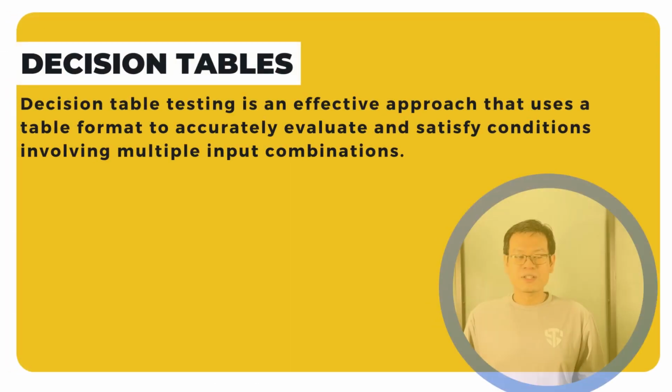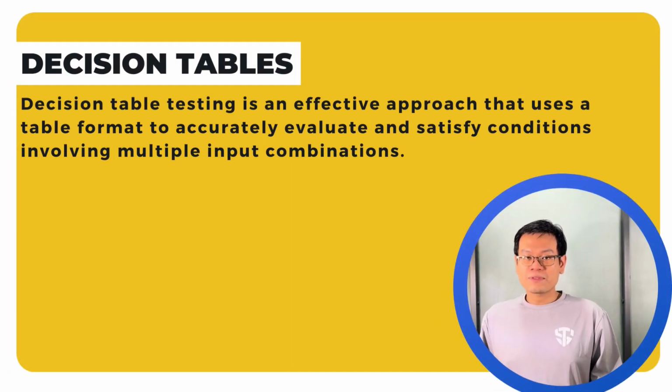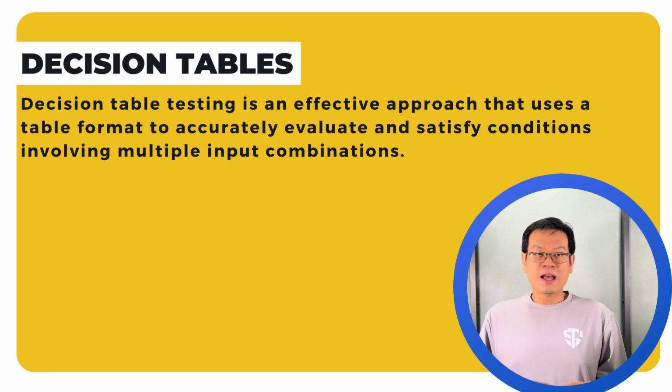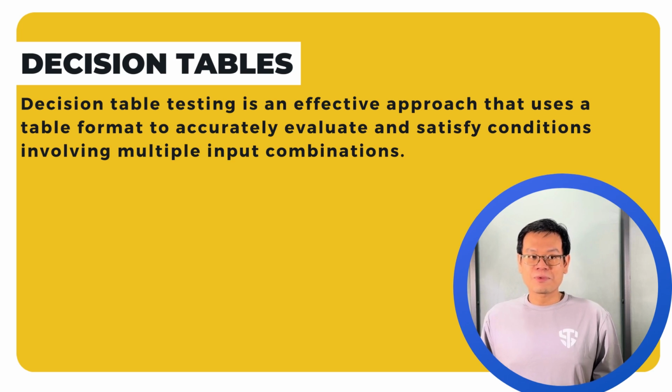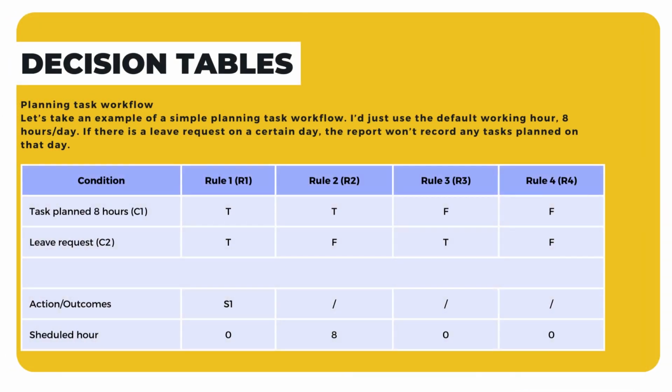The next technique is decision table testing. In this kind of technique, we consider multiple test cases in a decision table format, where each condition is checked and fulfilled to pass the test and provide the expected output. It is preferred in the case of various input combinations and multiple possibilities. Let's take an example of a simple planned task flow.